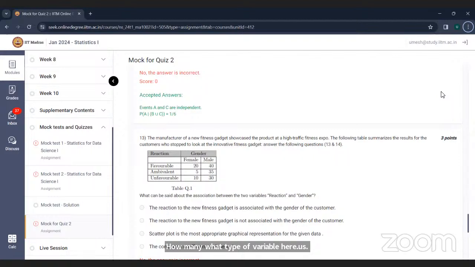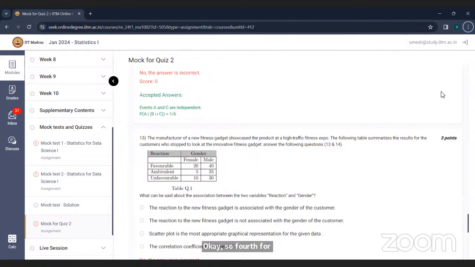In this question there are two variables, reaction and gender, and both are categorical variables. What about their correlation coefficient? Can we find a correlation coefficient for categorical variables? No, sir. So the fourth option is left.